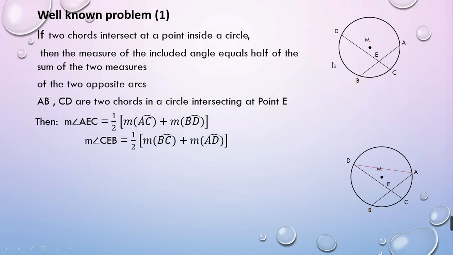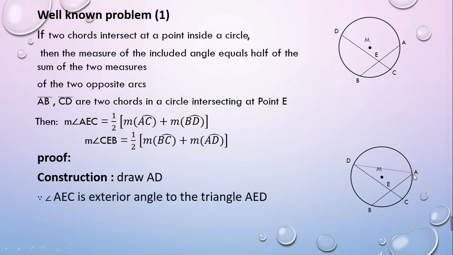And the measure of the angle CEB equals half the sum of the two opposite arcs BC and AD. To prove this theorem, pay attention. First, I will draw AD as a construction. Draw AD.